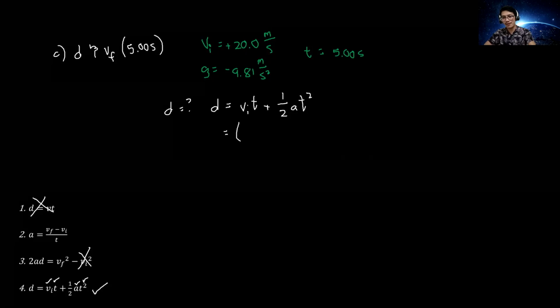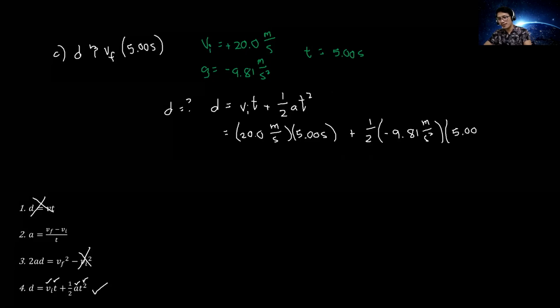Okay? So what is our initial velocity? Our initial velocity is 20.0 meters per second times, what is the time? 5.00 seconds plus 1/2. What is our acceleration? Negative 9.81 meters per second squared times what is the time? 5.00 seconds squared.